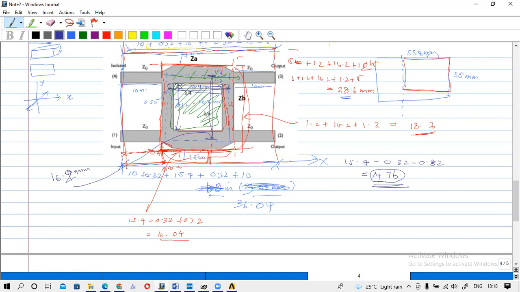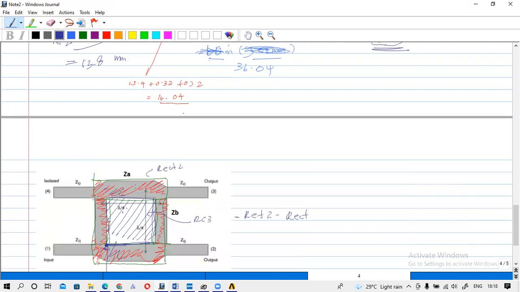So if I subtract this 1.2 part and this 1.2 part, that means if I remove 2.4 from this, I will get this value from here to here. So what is that? That is 15 minus 13.8 millimeter.